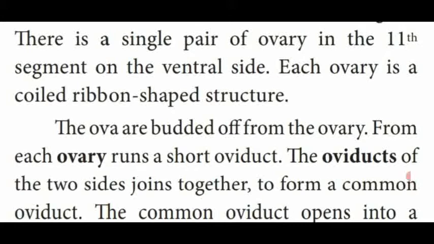Each ovary leads into a small tubular structure called the oviduct. This oviduct is present on either side of the ovary. Both the oviducts are joined together to form a common oviduct.